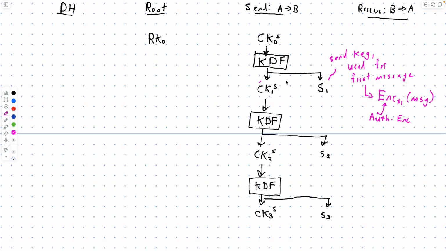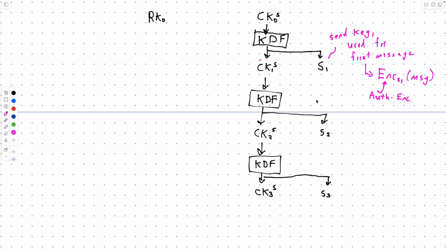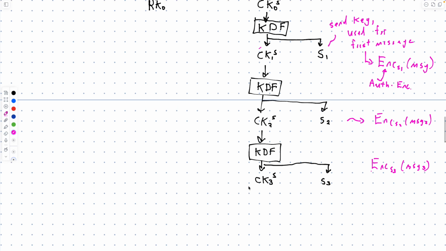The answer is no. Okay, so let's say I'm done. I send my 3 messages. Let me pencil in a little more of the protocol and then I'll take care of this. So I'm going to encrypt with S2, message 2. I'll encrypt with S3, message 3. Okay, I'm done for a while now.